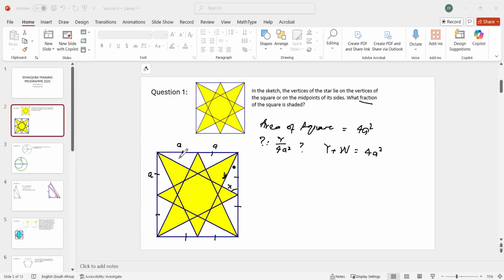Now, you'll notice that this large triangle here has sides A, 2A, and it's a right angle triangle. This one here has also got the same kind of thing. It's A, 2A, and a right angle.